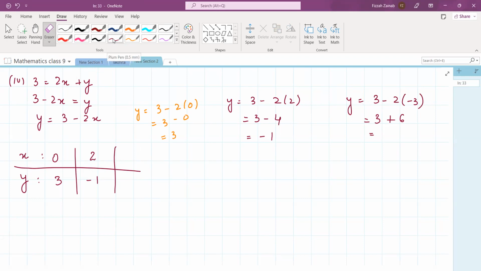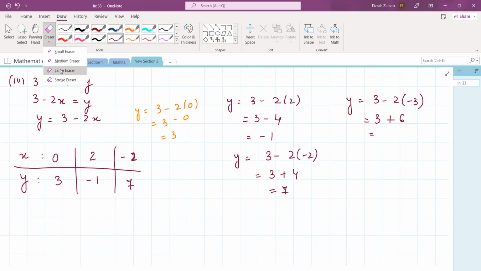Otherwise, you can take any value. So let me take x is equal to minus 2. So y is equal to 3 minus 2 into minus 2. So this is 3 minus minus plus 4. So again, I'm getting 7. Okay, anyway, let me take it. So 3 points I've taken. You can take 2 only, no problem.